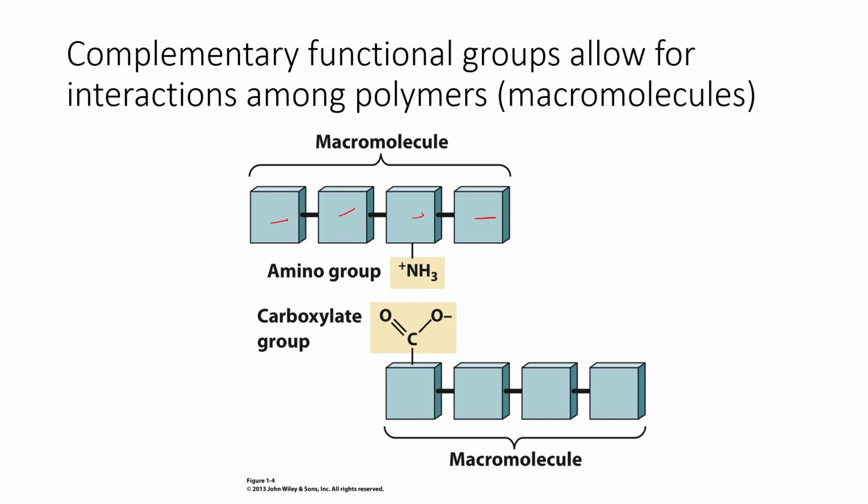The example given here is an amino group, which has a positive charge at biological pH, and that interacts through an ionic attraction to this carboxylate group, which is negatively charged at biological pH.